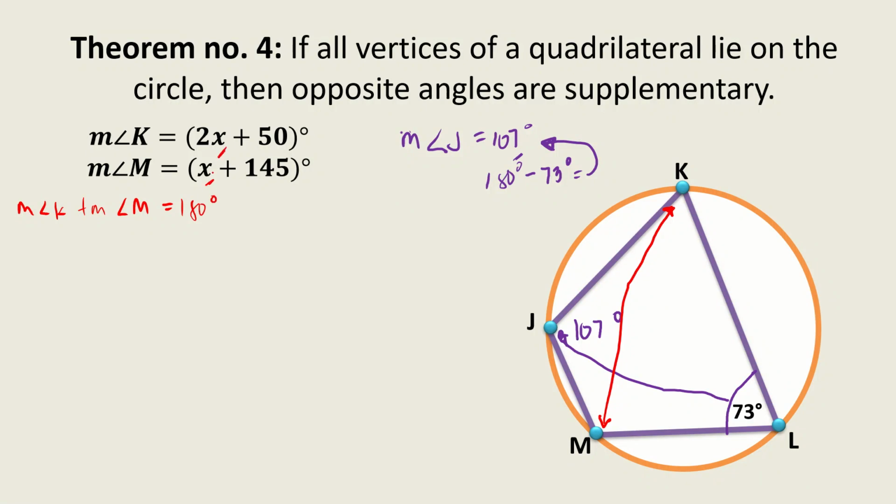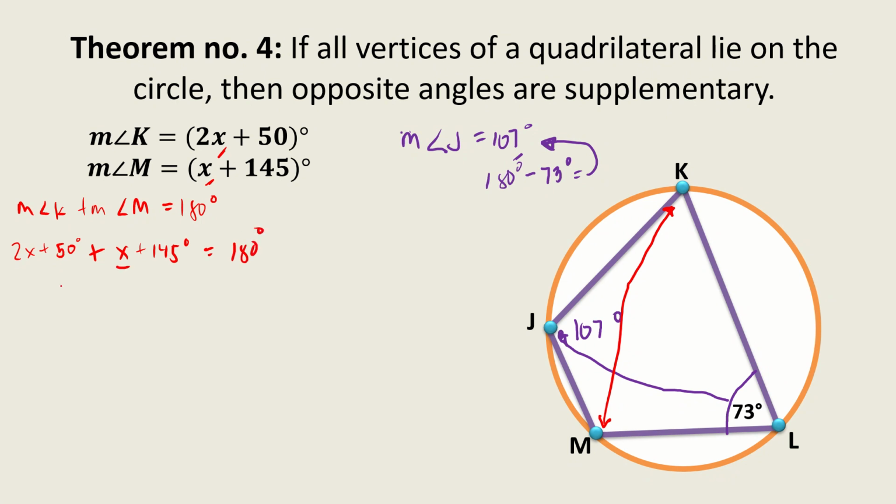Hahanapin ulit natin si value ng X. So, the measure of angle K, given sa atin ay 2X plus 50 degrees. And measure of angle M, X plus 145 degrees is equal to 180 degrees.